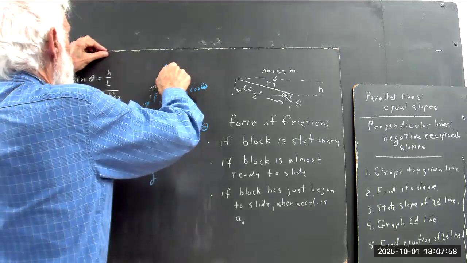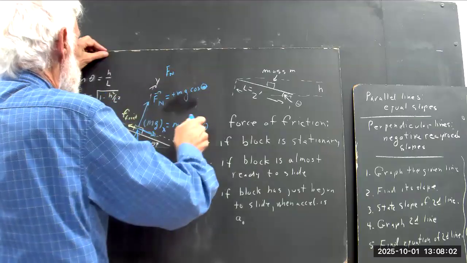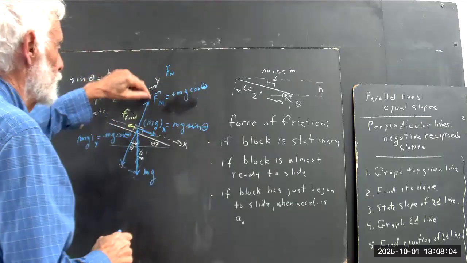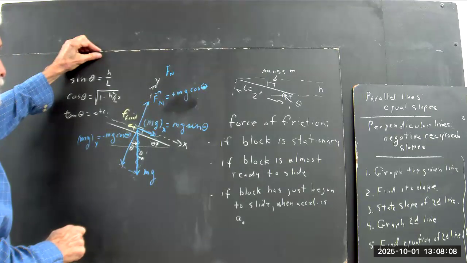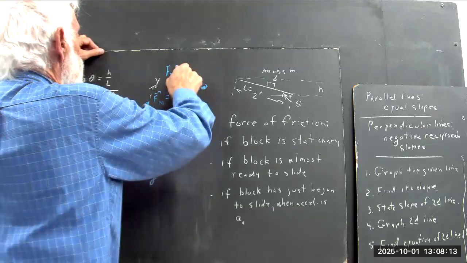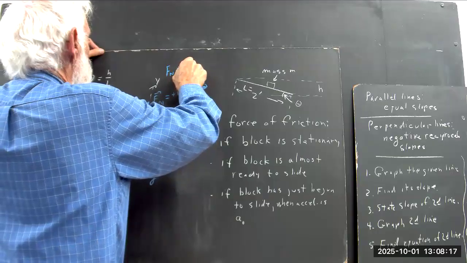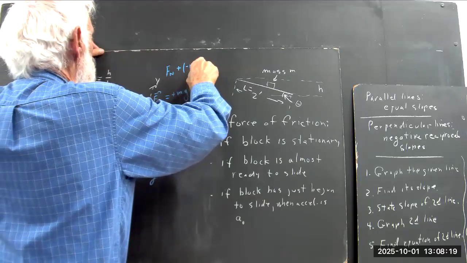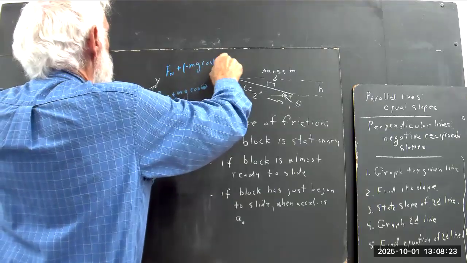So I could say, and since I've got arrows over these things, I'm just going to be ambiguous for now: Fn plus negative mg cosine theta equals 0.